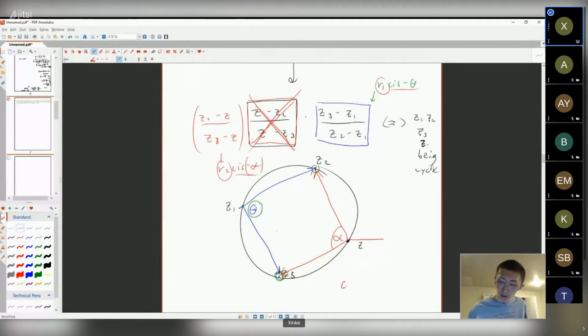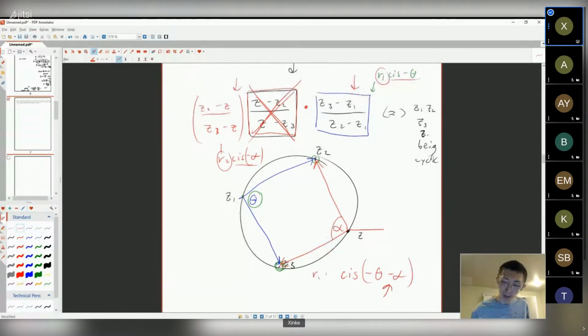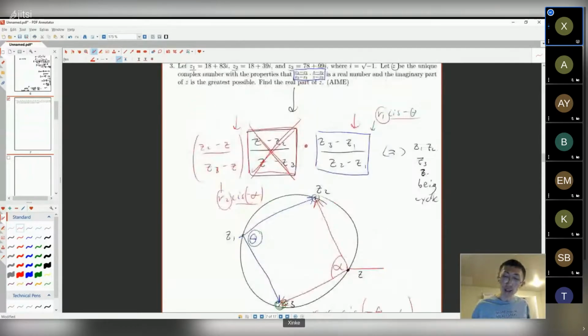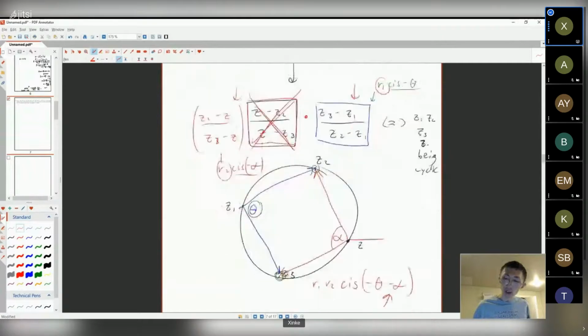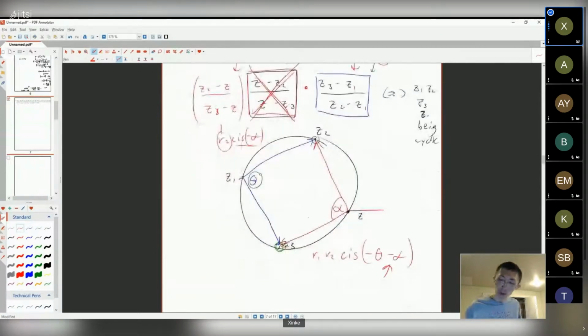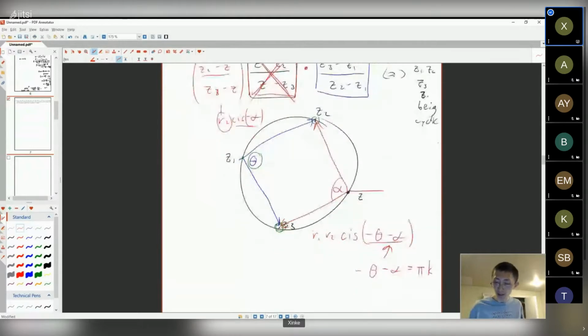So when we multiply this red fraction times the thing I boxed in blue, the argument will be negative theta plus negative alpha. It doesn't matter what the magnitude is. It says this is a real number, so the only way this can be real is if the argument is a multiple of pi, a multiple of 180 degrees. So I'll just say k times pi radians.